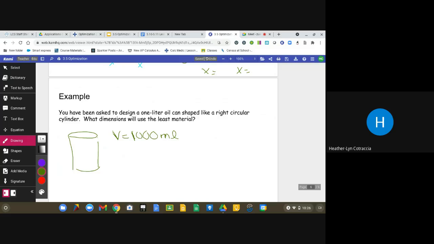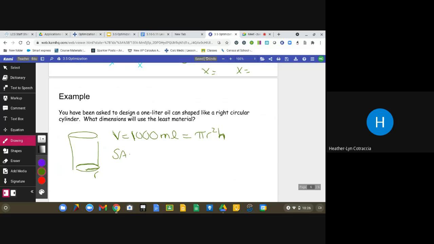Okay, so we know that volume is equal to pi r squared times h, right? The area of a circle is pi r squared, and then times h would give you the volume, but this is asking what dimensions will use the least amount of surface area, or least amount of material, which is surface area.